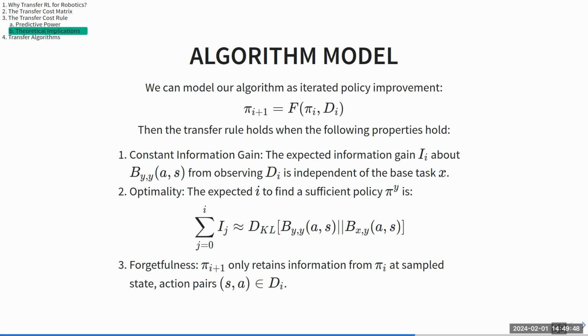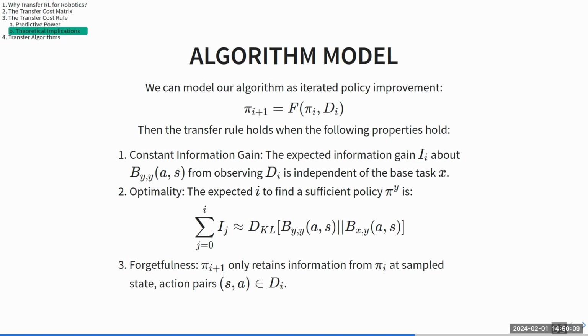My model of the transfer algorithm is just that the expected number of training iterations we need to get a sufficient policy pi_y out is this sum of information, which should equal the KL distribution difference. So that makes sense of why this is maybe a reasonable model.